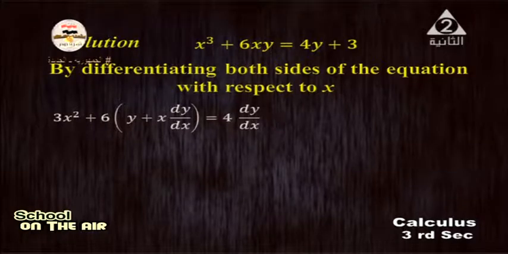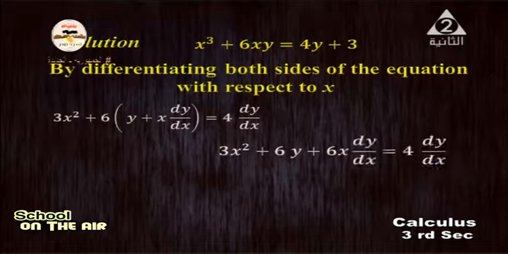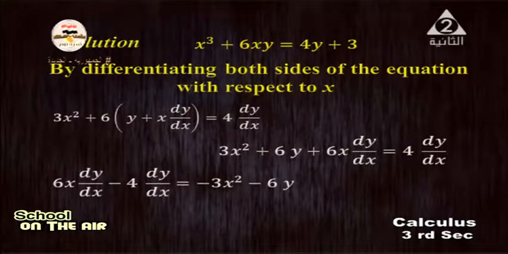Now 3x^2 plus 6 multiplied by y equals 6y, and 6 multiplied by x dy/dx equals 6x dy/dx, equals 4 dy/dx in the right hand side. Now 6x dy/dx minus 4 dy/dx equals negative 3x^2 minus 6y. We can take dy/dx as a common factor in the left hand side.